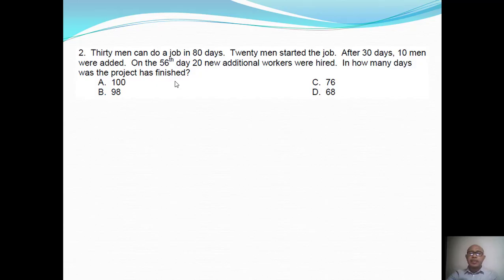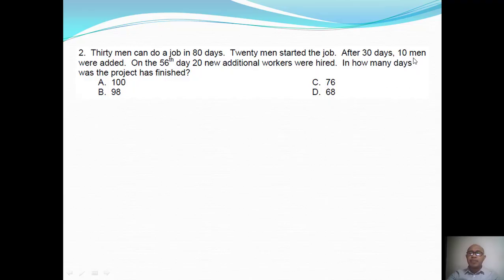Okay, so the total man-days here is equal to 30 times 80. This job can be done by 30 men working for 80 days. But the job has not been accomplished by the 30 men working in 80 days, because as you notice, at the start there are only 20 men working.